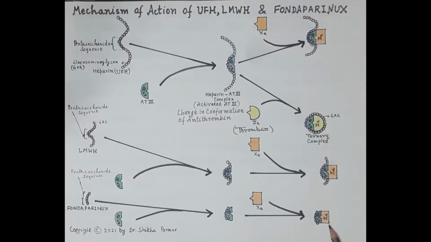But again, since Fondaparinux is a very short structure, consisting of only the pentasaccharide sequence and not having the glucosaminoglycan, the ternary complex cannot be formed. So Fondaparinux cannot form the ternary complex with thrombin and antithrombin, and thus Fondaparinux also is unable to inactivate thrombin.